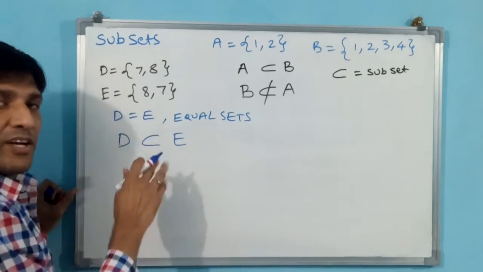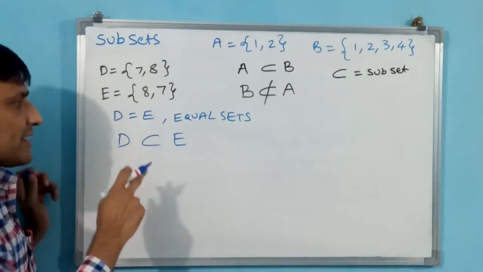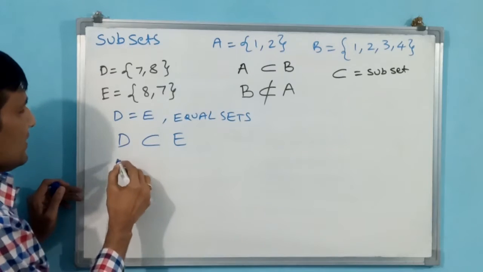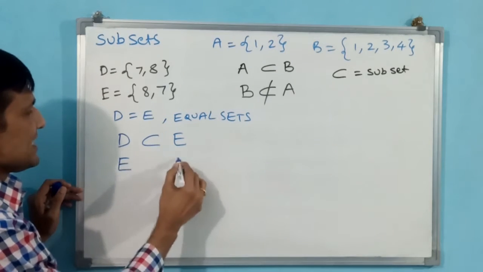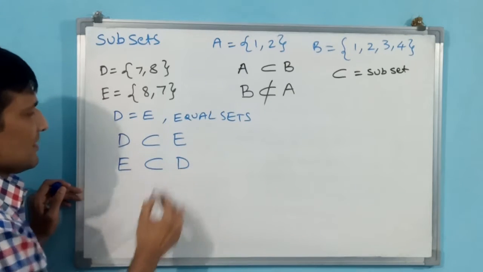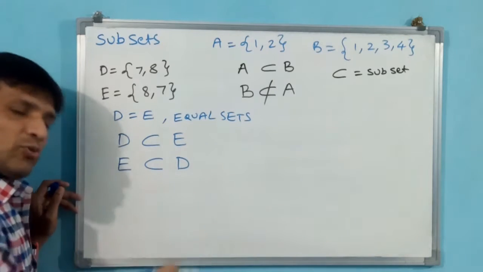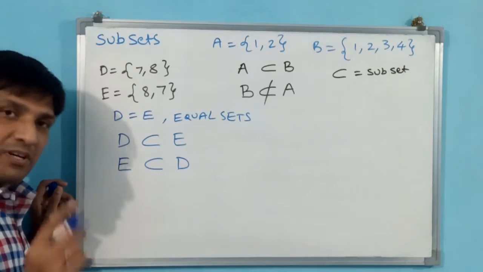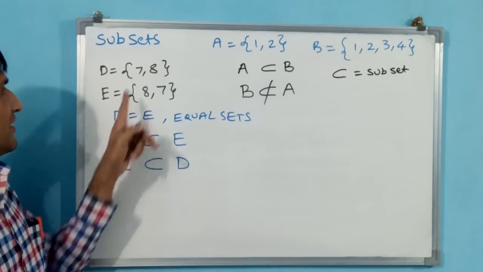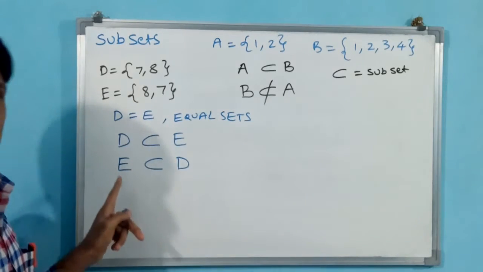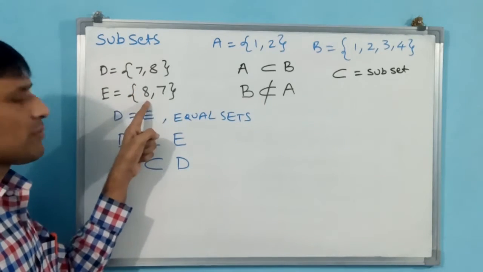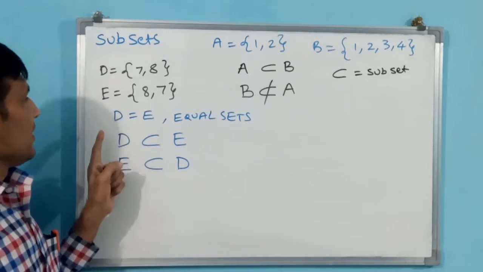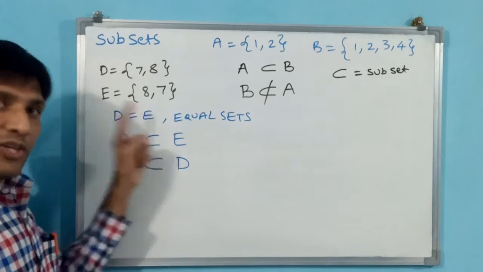First of all it is an equal set, but it is a subset also. Then when D is a subset of E, E is also a subset of D, because all the elements available in D are also available in E.